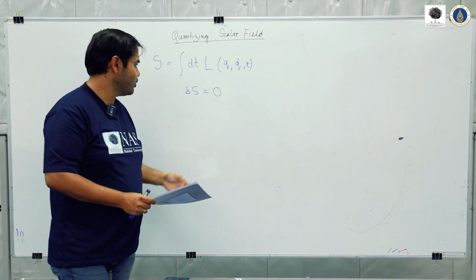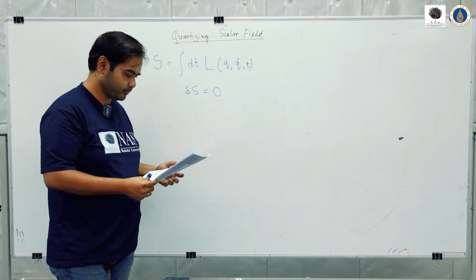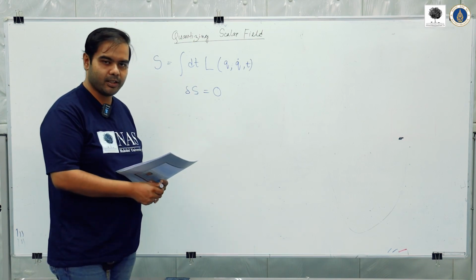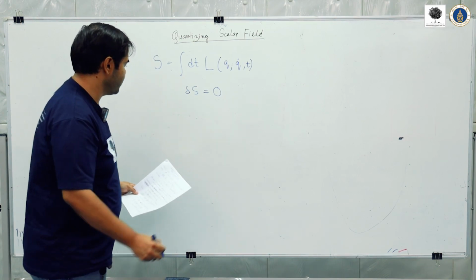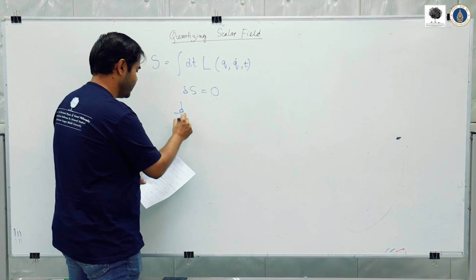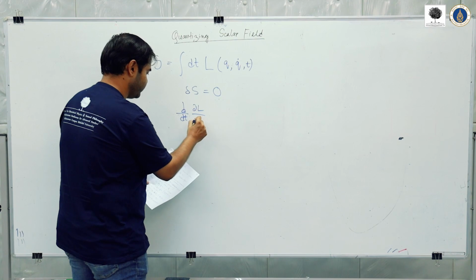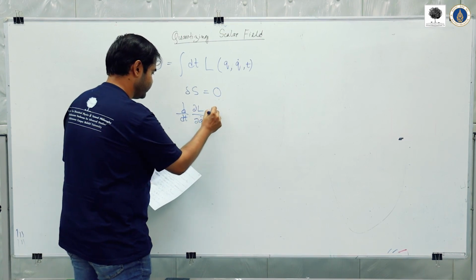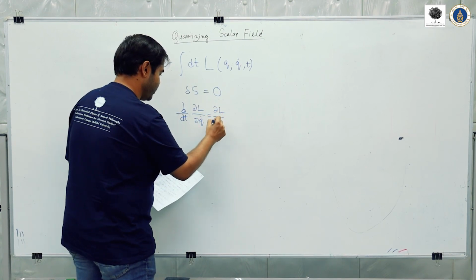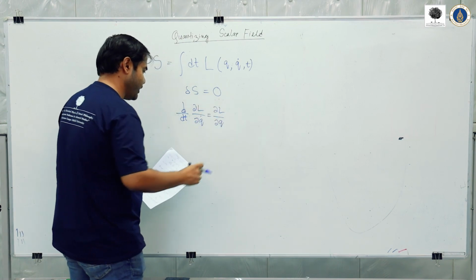If you do that, you will arrive at something called the Lagrange equation of motion, which is d/dt of ∂L/∂q̇ equal to ∂L/∂q.